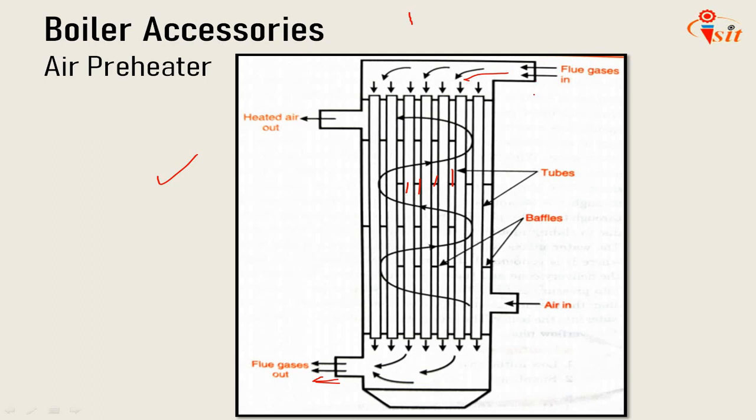After leaving the boiler or economizer, the gaseous products of combustion travel through the inside of the tubes of the air preheater in the direction opposite to the air travel and transfer some of their heat to the air to be supplied to the furnace. Thus the air gets initially heated before being supplied to the furnace.